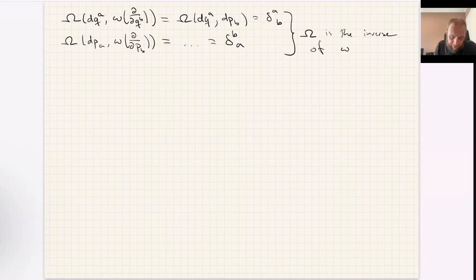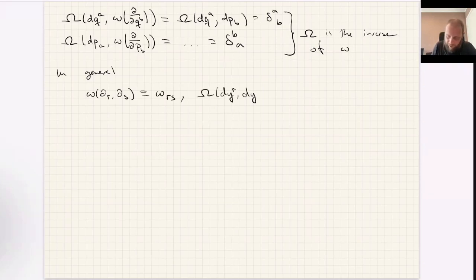So in general, if we write in general coordinates, we take omega of dyr, dys, that's defined as omega rs, and the capital omega of dyr, dys, we define as omega rs with indices upstairs.